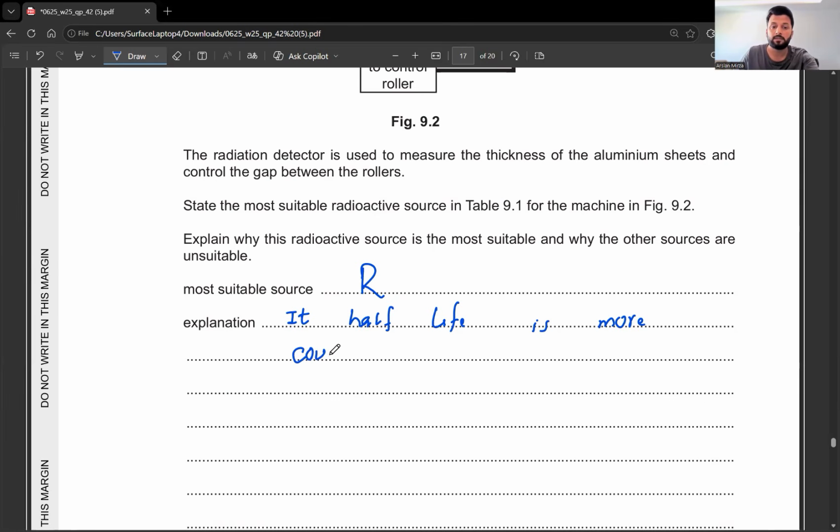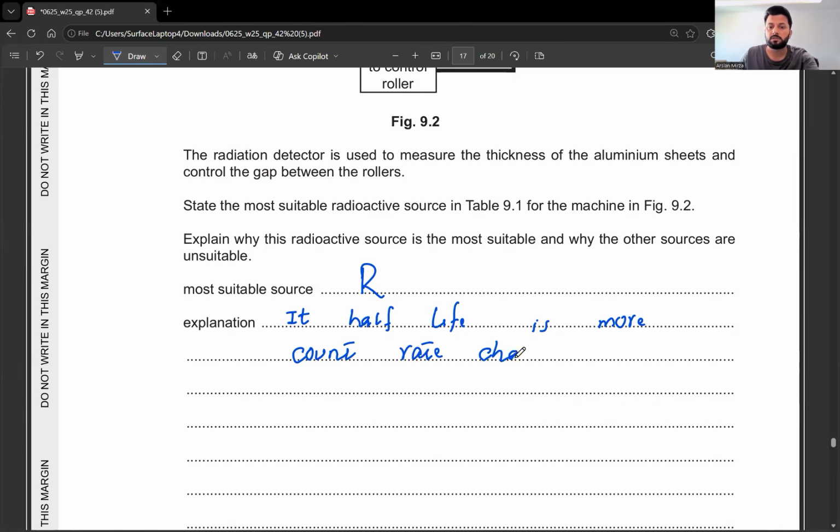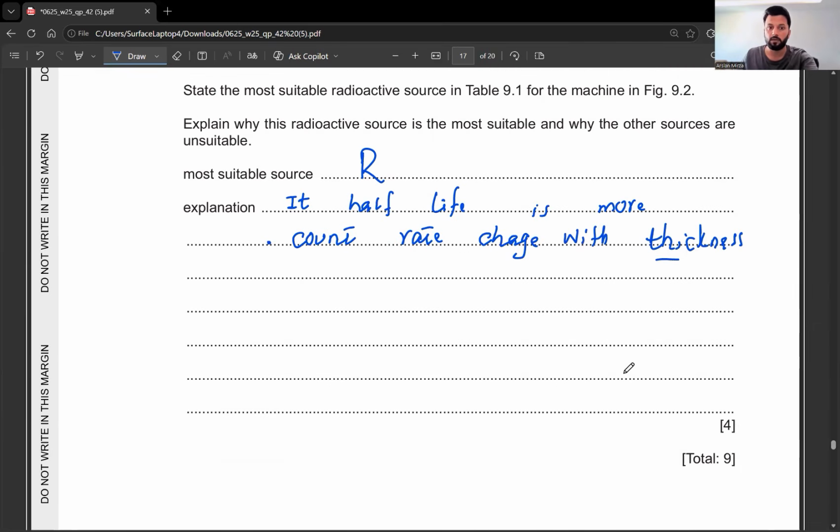The second reason is count rate changes with thickness. It means that count rate will not change due to half-life. Count rate will be changed. The emission of radiation will be changed due to the thickness of the sheet, which we are checking.